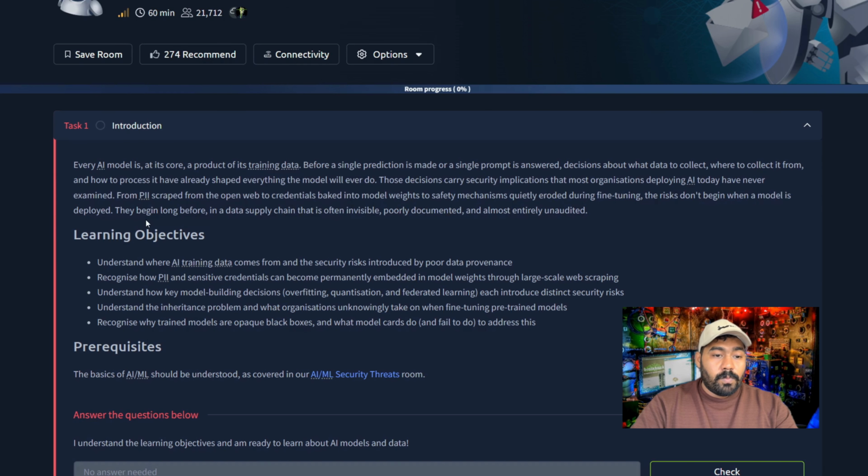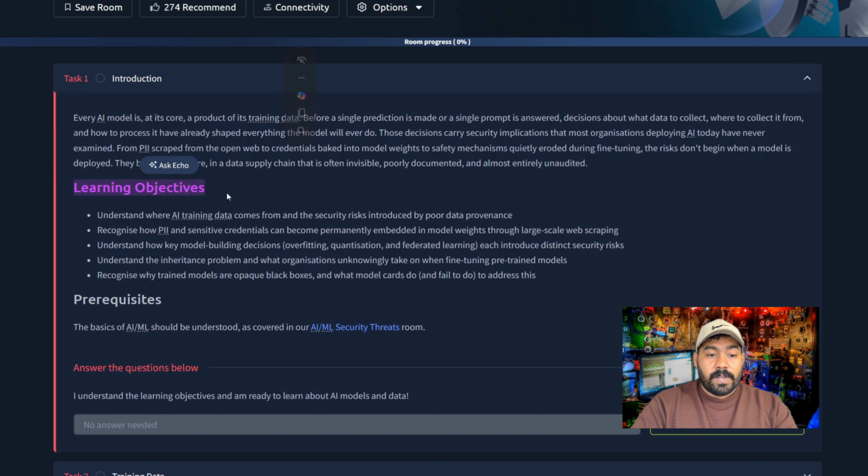The room then lays out five learning objectives. Understand where AI training data comes from and the security risk introduced by poor data provenance. Recognize how PII and sensitive credentials can become permanently embedded in a model through large-scale web scraping.